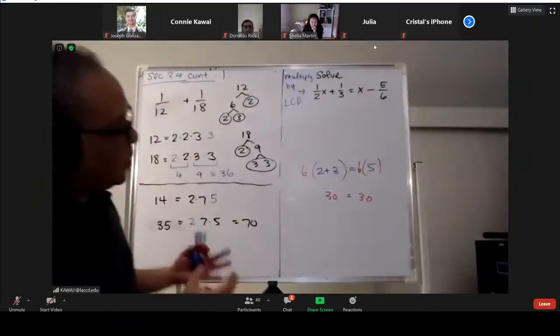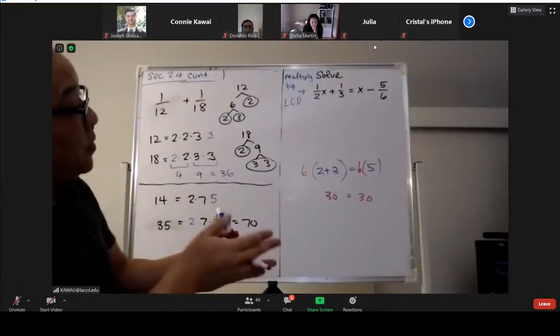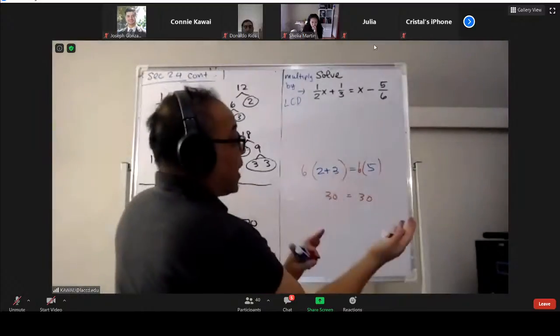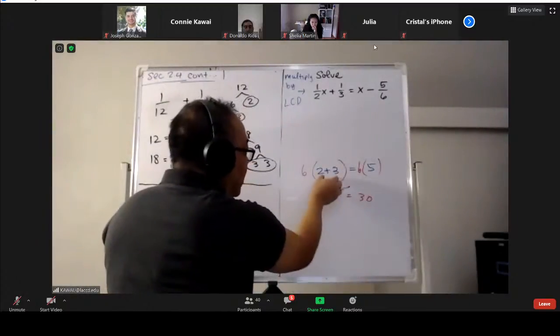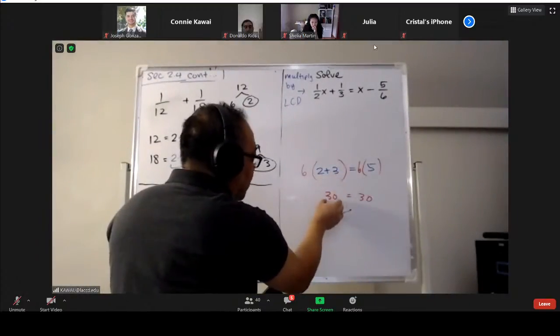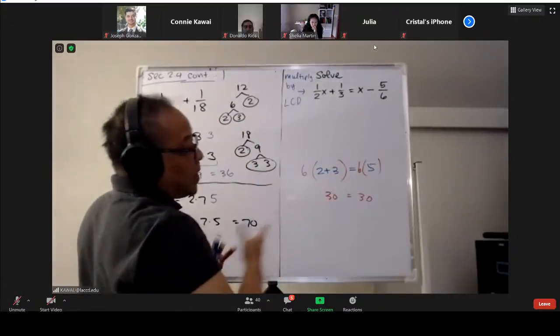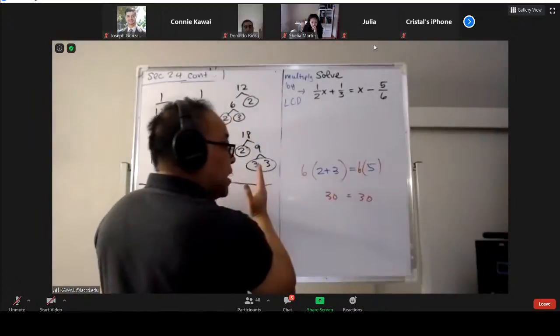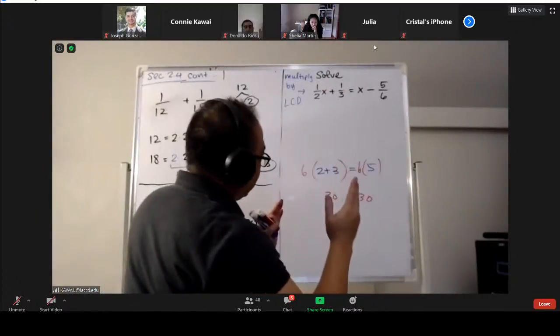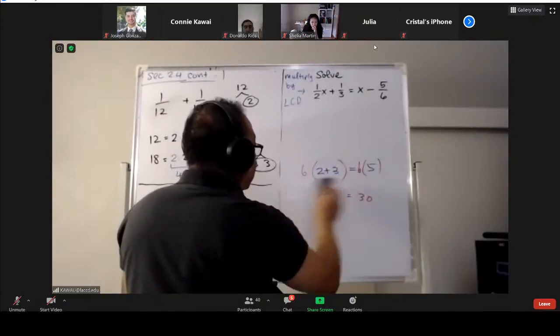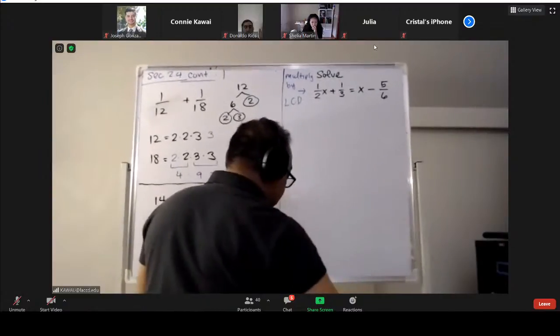So as long as I do the same thing to the left side as I do to the right side, I will still have the left side and the right side equal to each other, even though this number is not the same as this number in here. Okay, so we're going to use this idea. As long as I do the same thing to the left side and to the right side, the equality still holds.